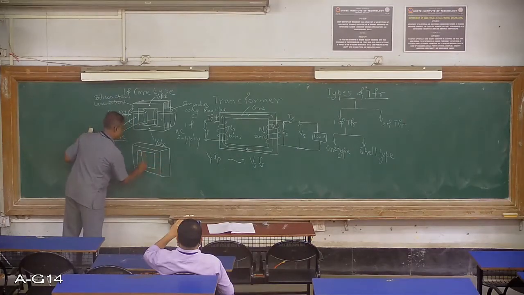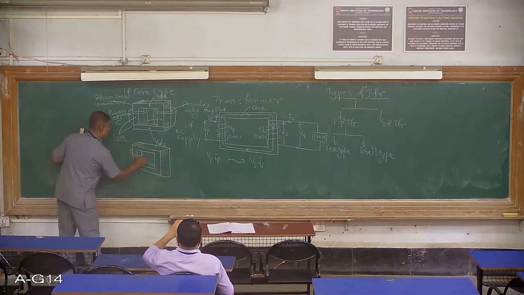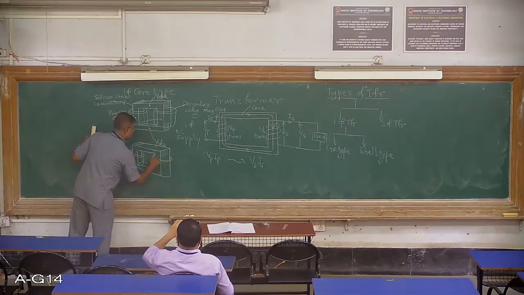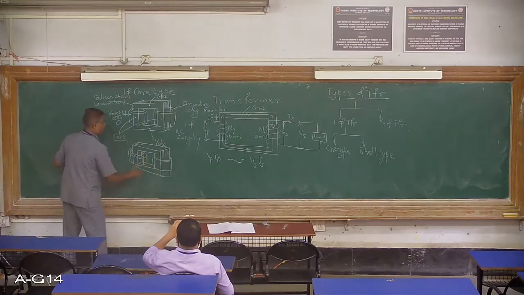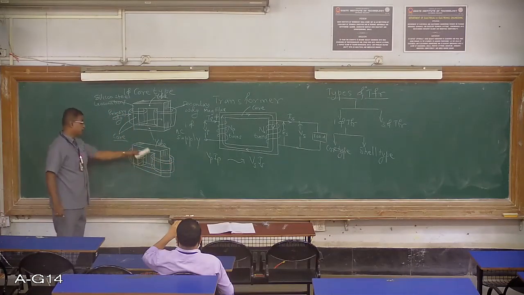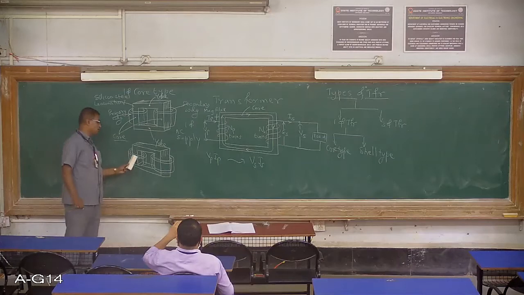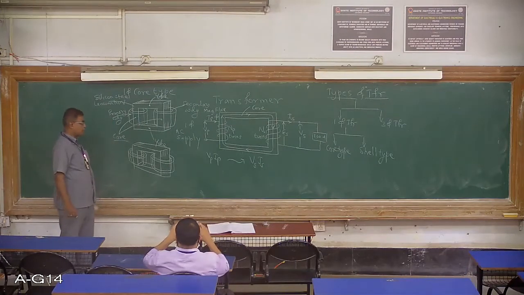This is done for better mutual induction and better performance of the transformer. Similarly, the secondary winding, half portion is placed on one limb, the remaining half surrounding the primary is placed on the other core limb. So this is to ensure better mutual induction and the consequent performance. So this is a core type transformer.